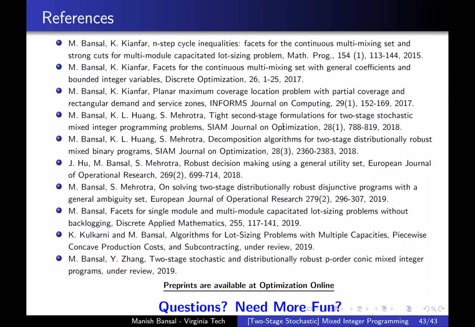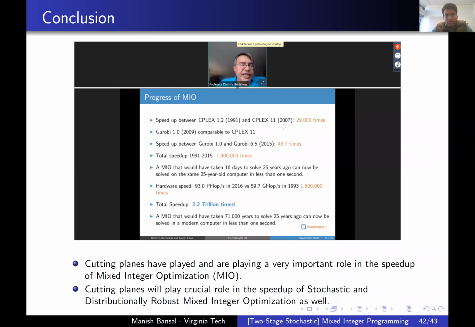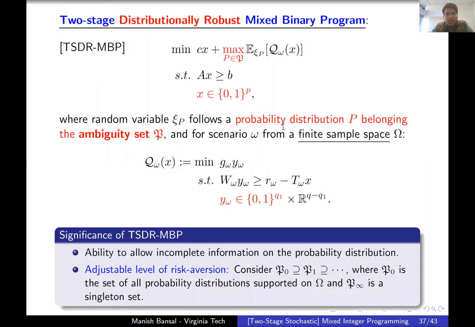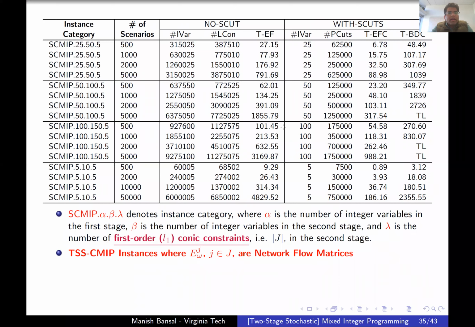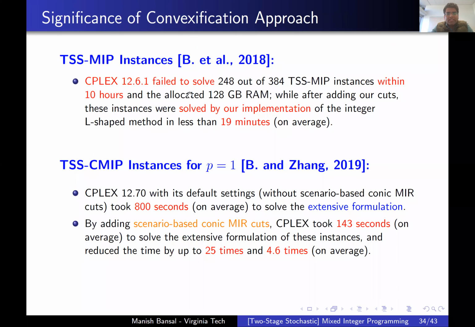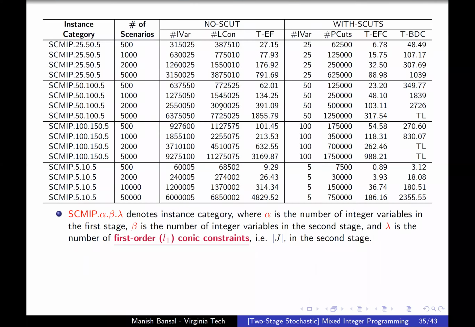Can you mention the size of the mixed integer programming instances you considered when you were comparing the computational time? So I don't have the table for, so these instances you're talking about? Yes, next. So these are for the two-stage stochastic conic mixed integer program with only polyhedral constraints.